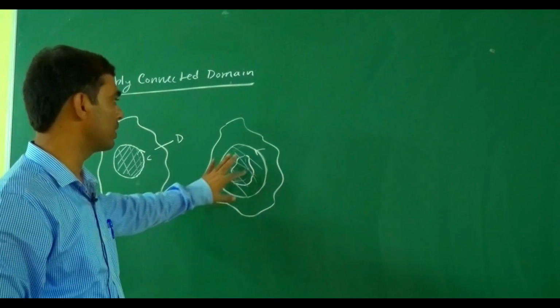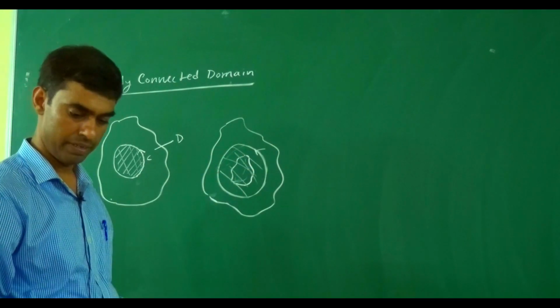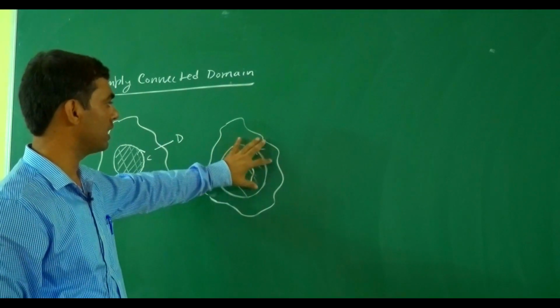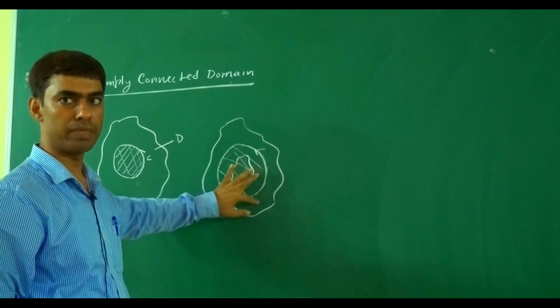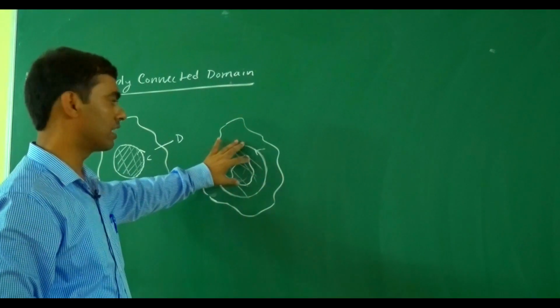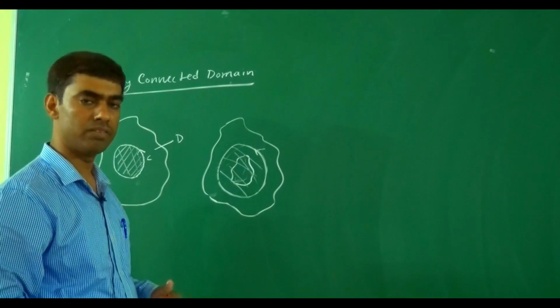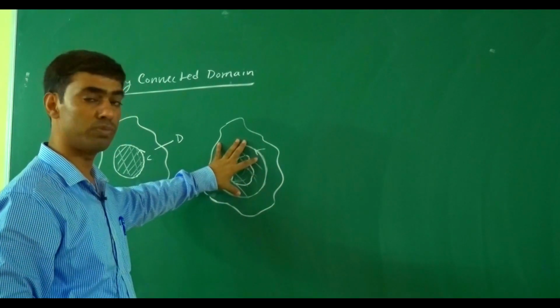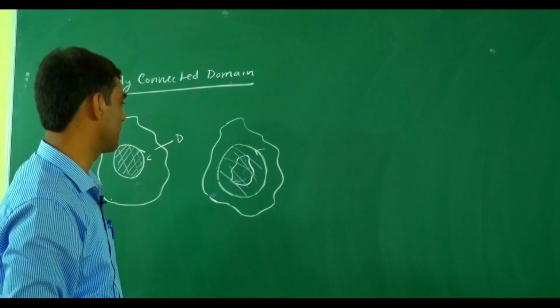Here we say this is a doubly connected domain. A doubly connected domain means one part is a simply connected domain and the other region is another simply connected domain. A doubly connected domain can be converted into a simply connected domain.